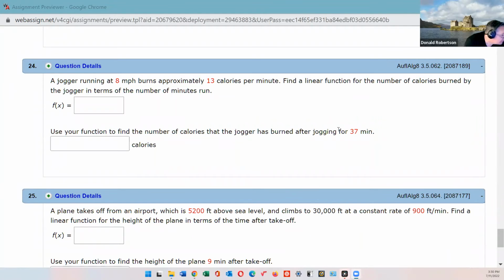Okay, find the linear function for the number of calories burned by that jogger in terms of the number of minutes run. And we're given f of x equals.